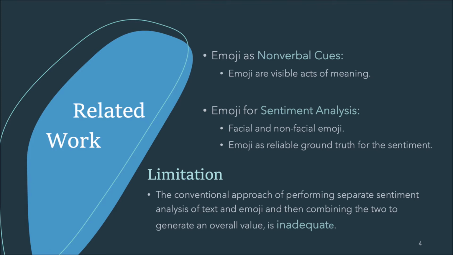Therefore, approaches relying on such an assumption might yield arbitrary and inaccurate sentiment annotation. So, the conventional approach of performing separate sentiment analysis of text and emoji and then combining the two to generate an overall value is inadequate.